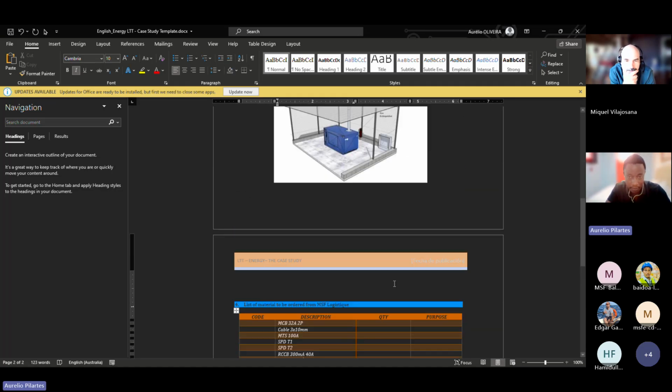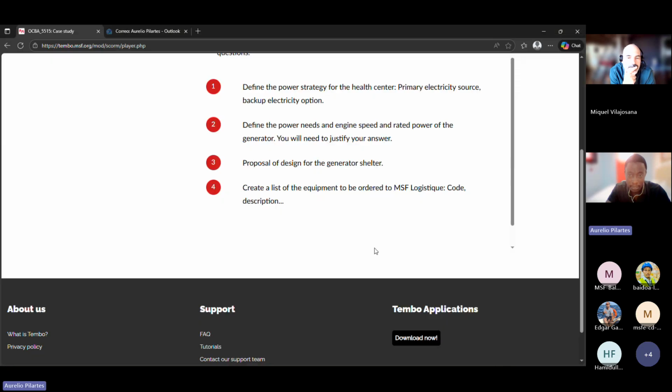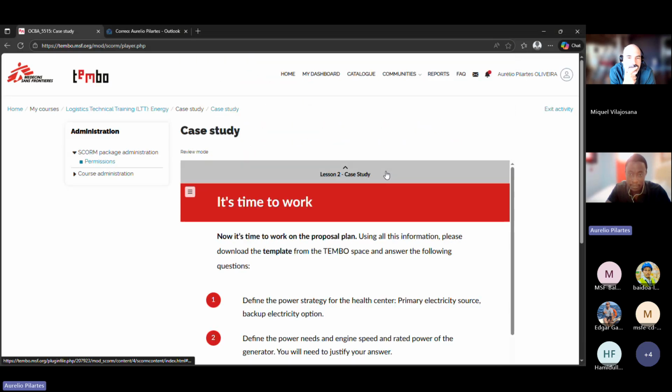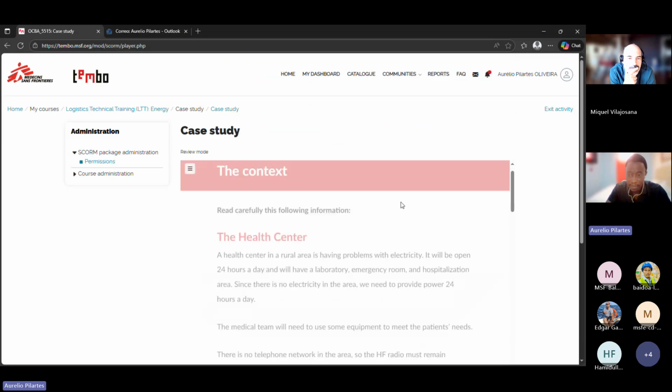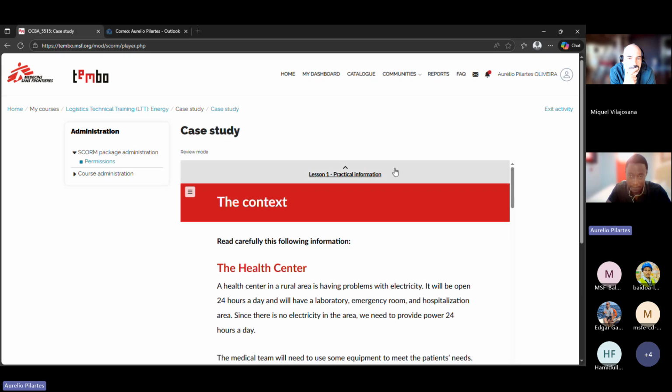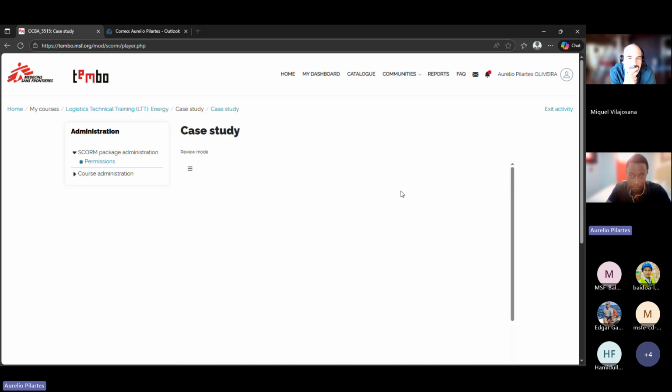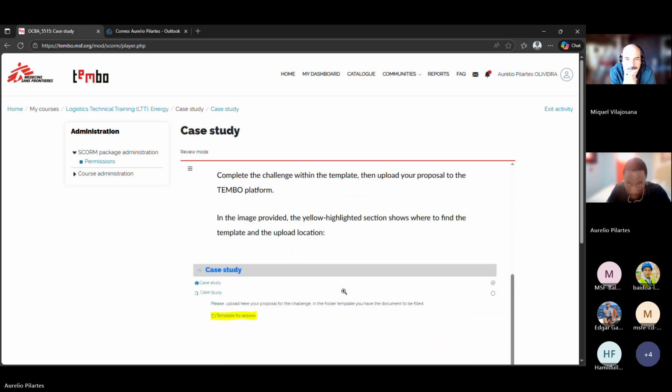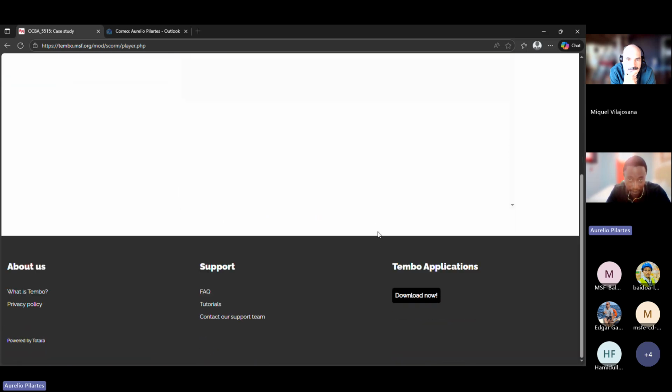Considering our scenario here, it's a small hospital, so maybe something like two boards would be enough.